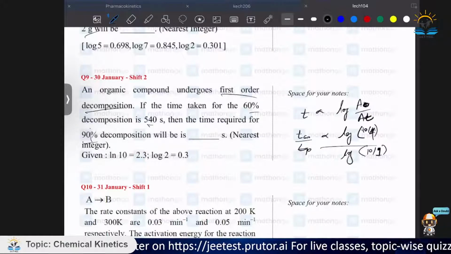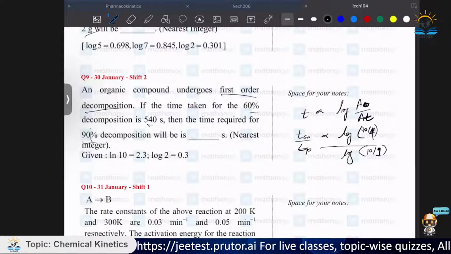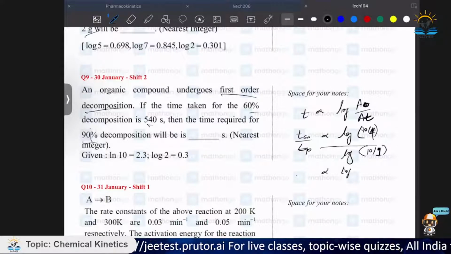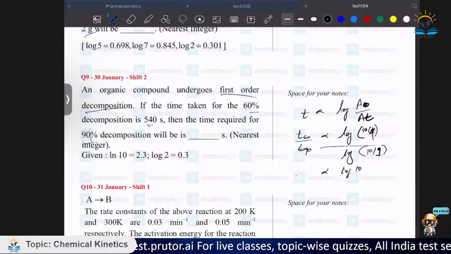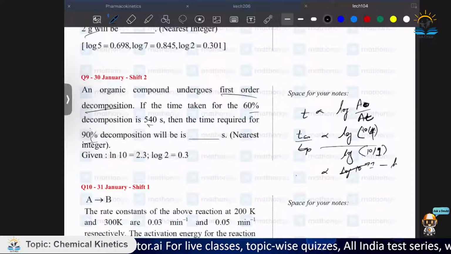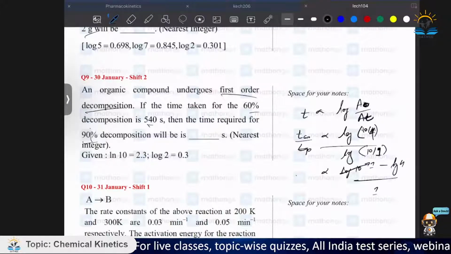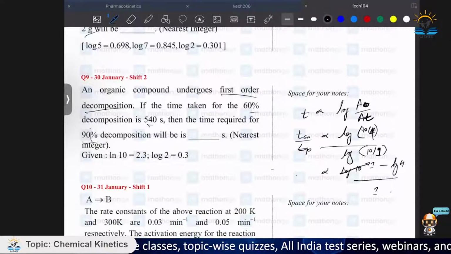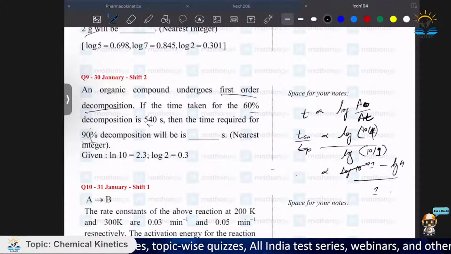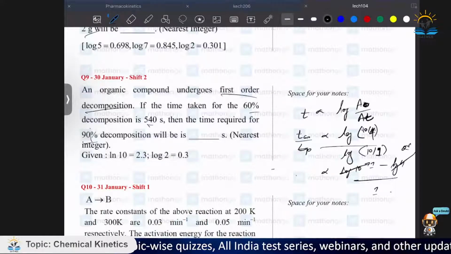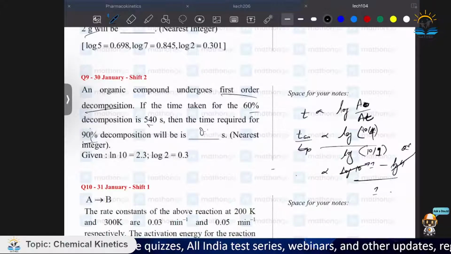So 10 by 4, it is log 10 is 1 minus log 4, divided by 1. Minus log 4 is 0.6, so it is 0.4.